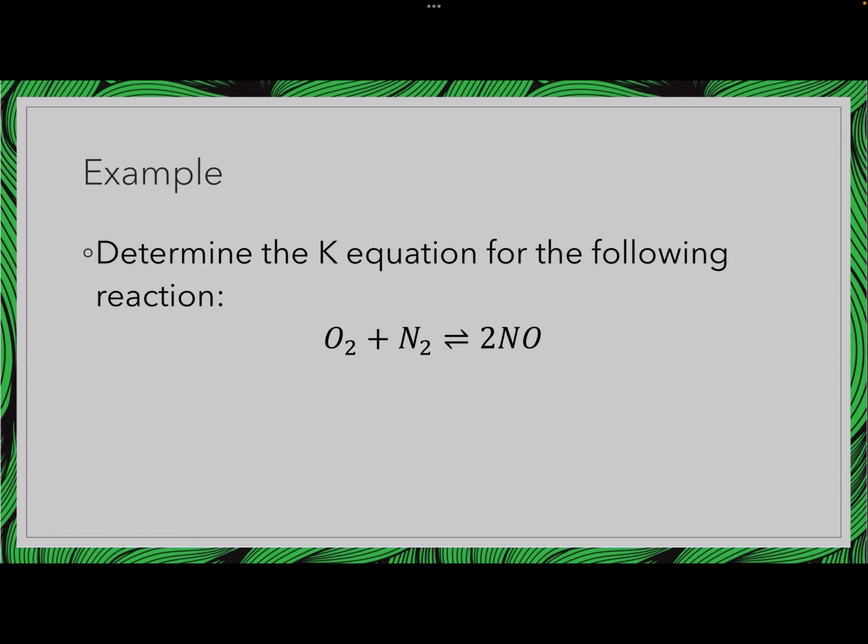Now, looking at the stoichiometric ratios, 1 to 1 to 2. So what do we have to do with the 2? Well, we have to raise the concentration of NO to the power of 2. So it ends up looking like this: the concentration of NO squared over the concentration of nitrogen times the concentration of oxygen.